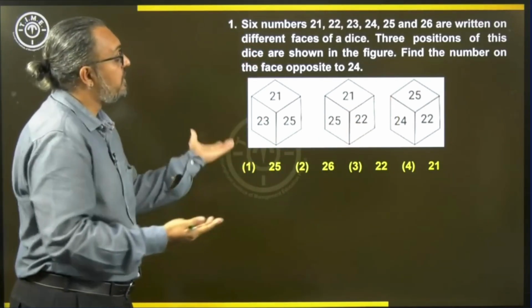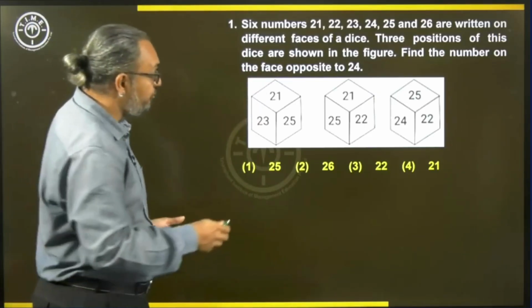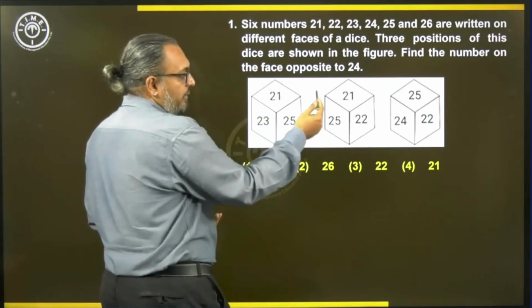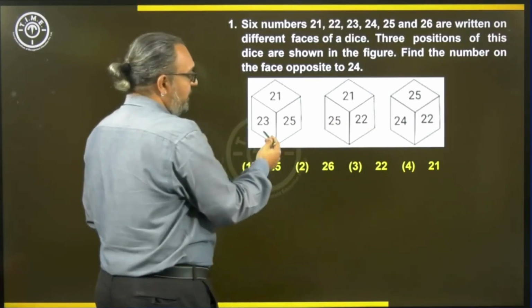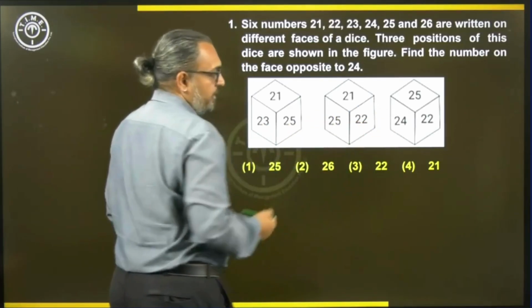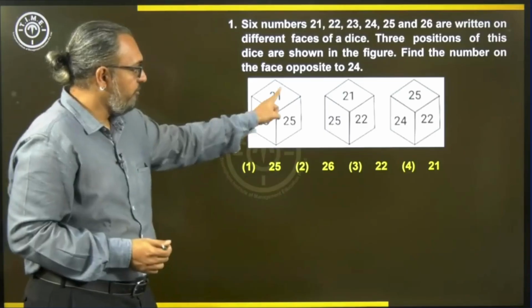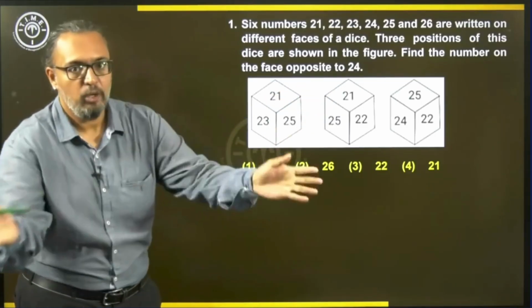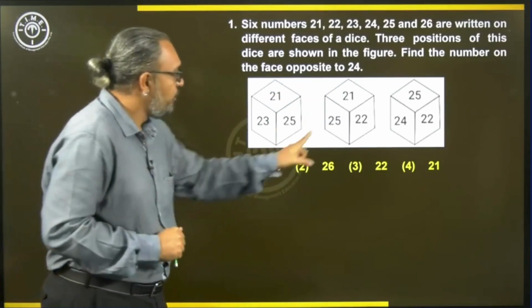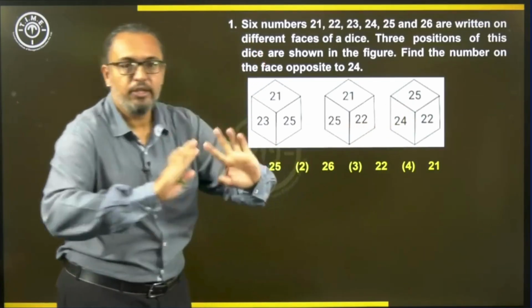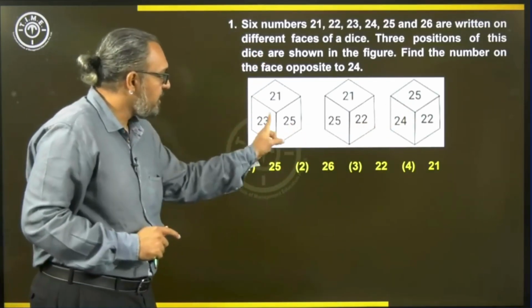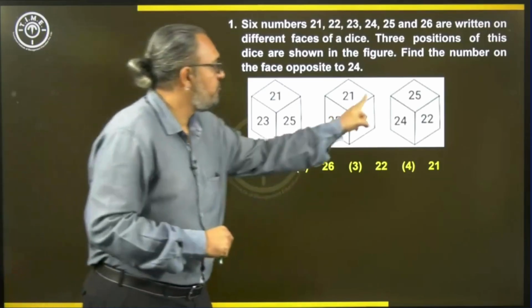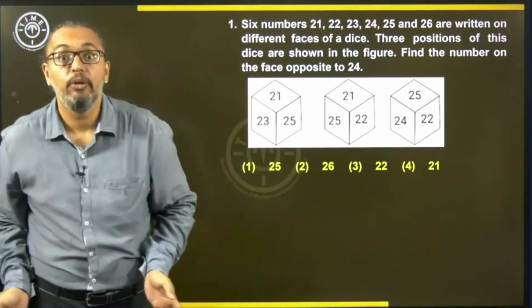What are all the numbers that are adjacent to 25? You have 21 is there, 22 is there, 23 is there, 24 is there. Correct? So 21 is adjacent to 25, so it cannot be opposite. Understanding the point? 22 is adjacent to 25, so it cannot be opposite. 23 is adjacent to 25, it cannot be opposite. 24 is adjacent to 25, it cannot be opposite.